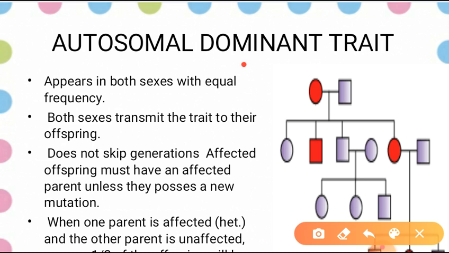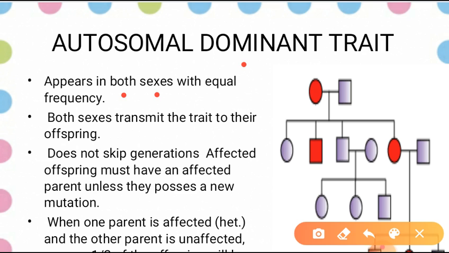So autosomal dominant trait appears equally in both the sexes. In case of autosomal dominant disorder, both male and female are equally affected. And both the sexes will pass on the disorder to their offspring.